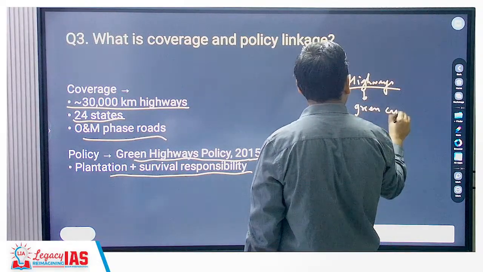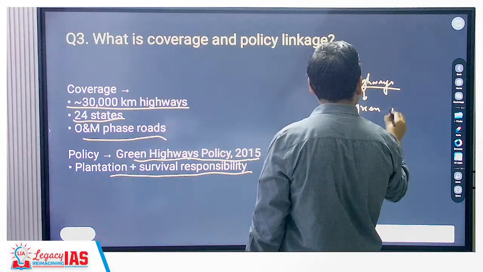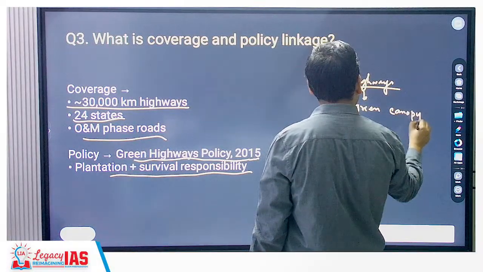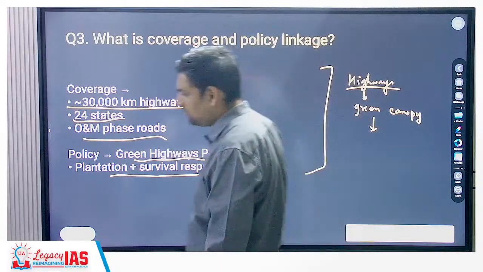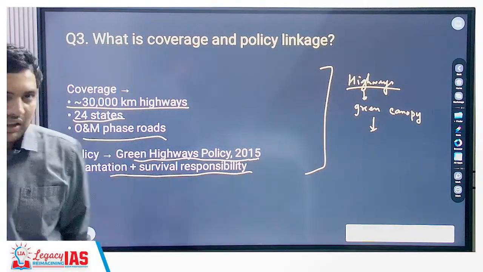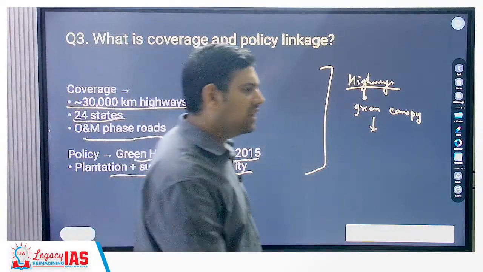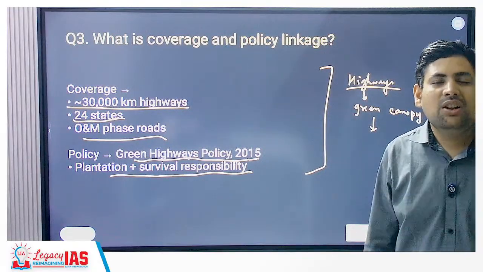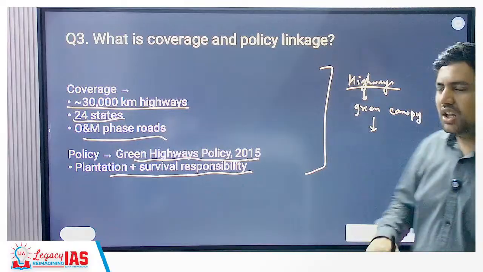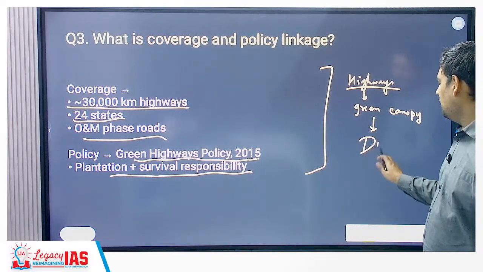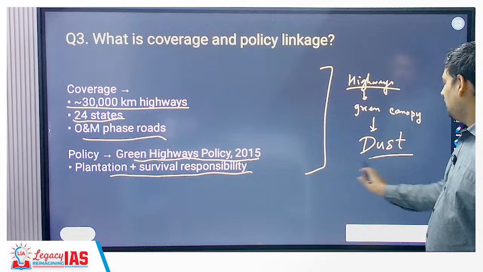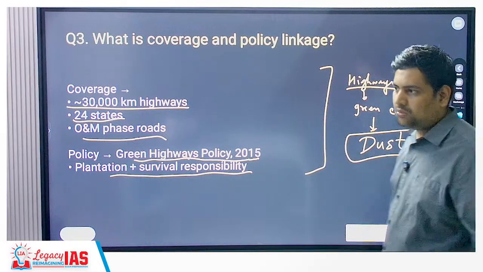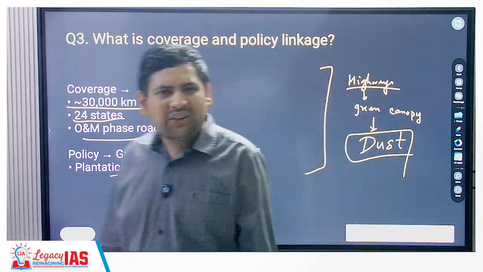Now, how it can help? So, see, green canopy is helpful in many ways. Now, one thing that you must know is all the dust that is released in India. People keep talking about pollution and PM 2.5, PM 10, all that is fine, but the major issue in India is actually dust. So, a lot of dust is there in the atmosphere that we live in. Okay, why is it so?